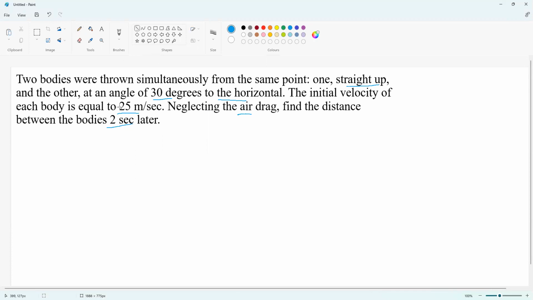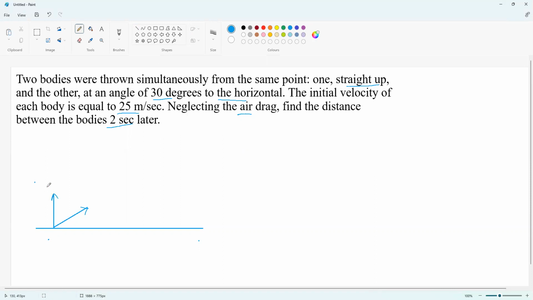So let's try to visualize the situation. Let this be horizontal. Now one body is thrown vertically up with a velocity of 25 meters per second. The other body is thrown at an angle of 30 degrees with a velocity of 25 meters per second.